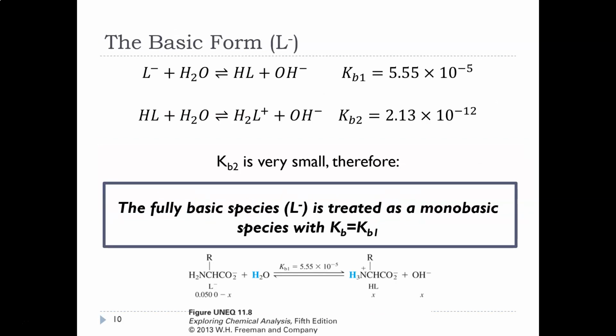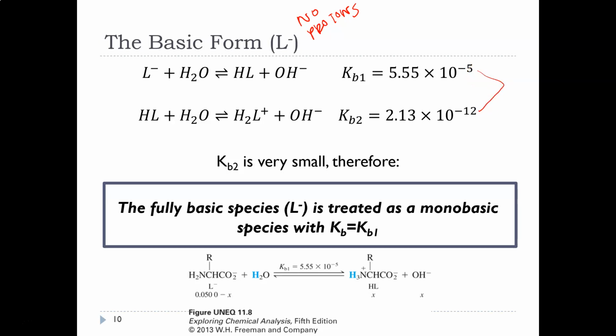We can do that. Now the basic form, the form where it has no protons, it's just a base at that point. Although it can accept 2 hydrogens, the Kb for the first hydrogen it accepts is significantly larger than Kb2.